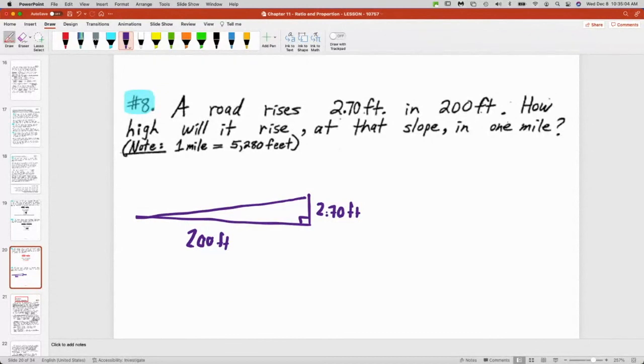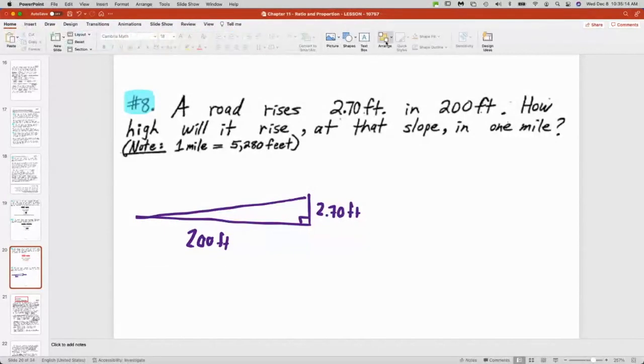So a mile, as we know from way back in the semester, is 5280 feet. So we can answer the question quite quickly. Let's set it up. For those of you that remember slope, you could use rise over run.